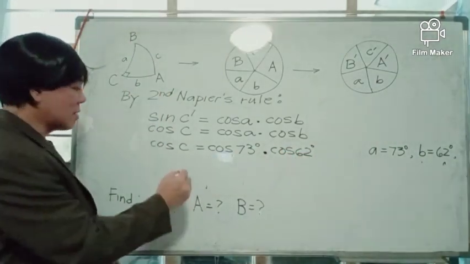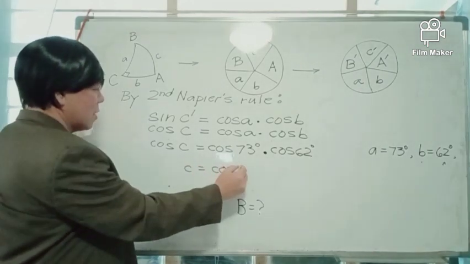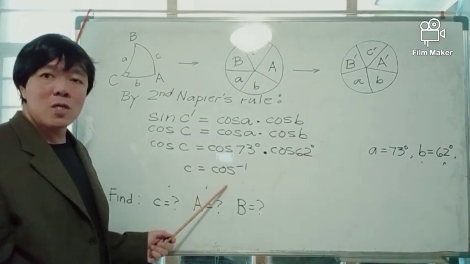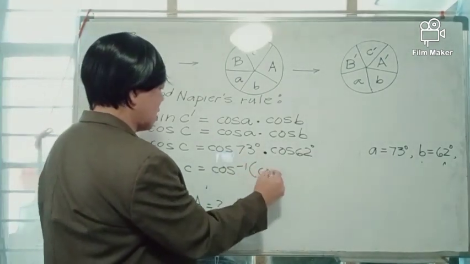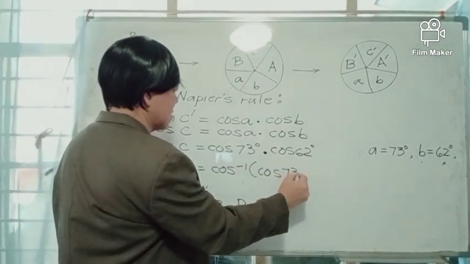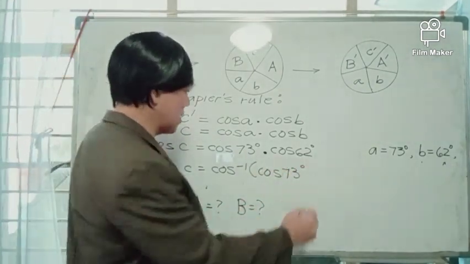And this implies that small c is equal to inverse cosine, or arccosine, of cosine of 73 degrees multiplied by cosine of 62 degrees.